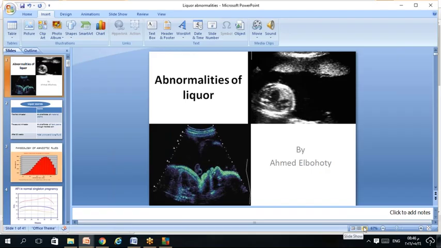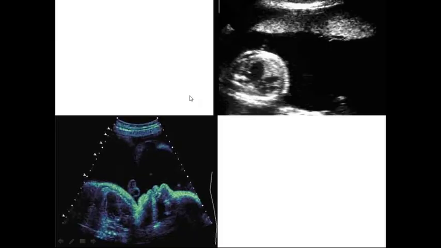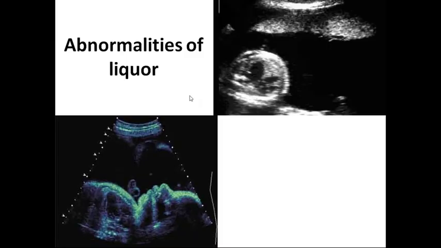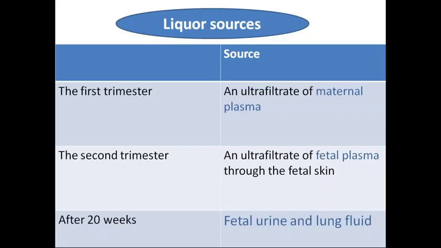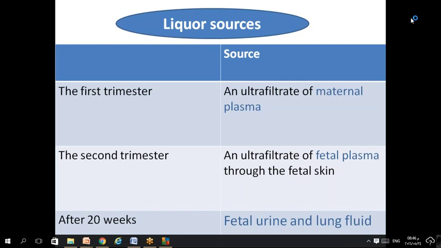Regarding the abnormalities of liquor, I think all of you know that it can be either oligo or polyhydramnios, but we will try to cover it from many aspects. First, the basic knowledge about the amniotic fluid, which is the sources.